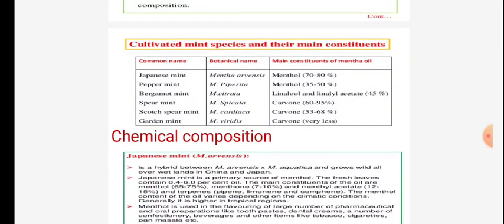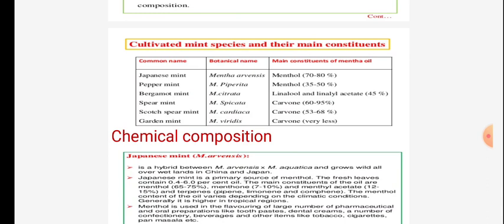There are some common species under cultivation: Japanese mint, peppermint, bergamot, spearmint, Scotch, and garden mint. Mentha arvensis is our common one, the Japanese mint, with 70 to 80% mentha oil present.